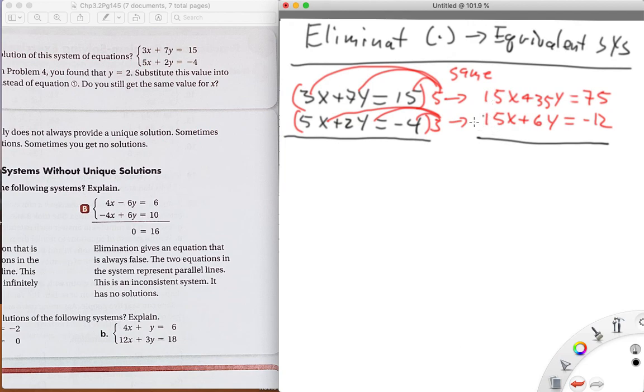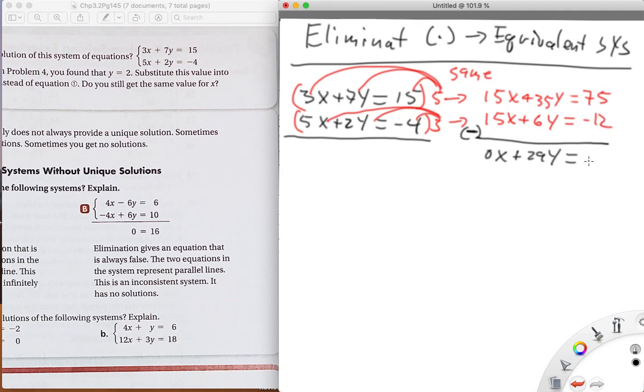Now that I have both of the variables the same, 15 and 15, they have the same variable and the same sign, so I can subtract these. 15x minus 15x gives me 0x. 35 minus 6y gives me 29y. 75 minus negative 12 is a double negative, so it's like saying 75 plus 12.